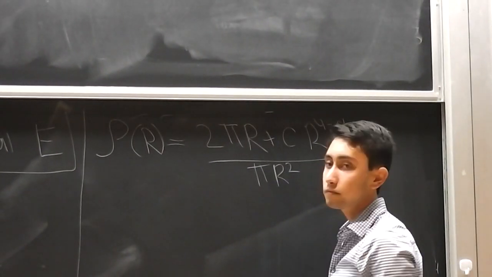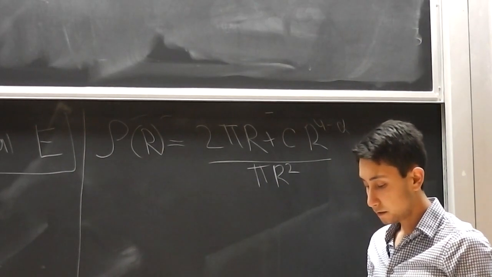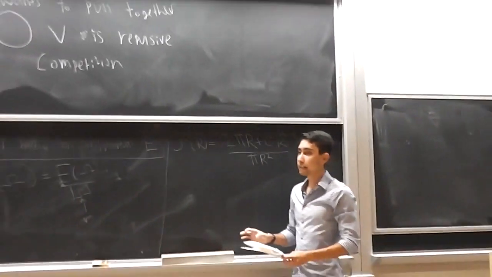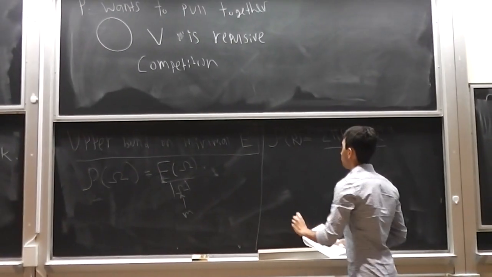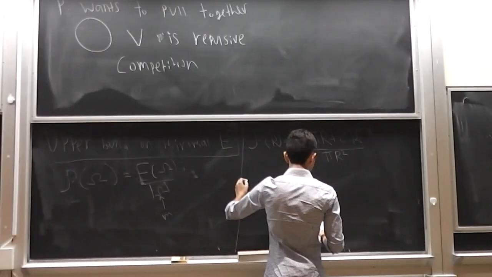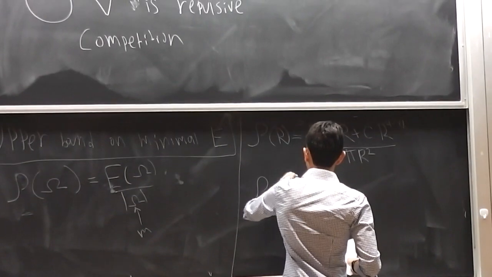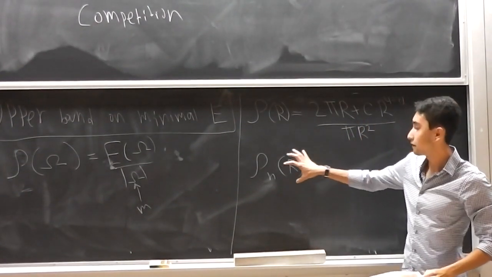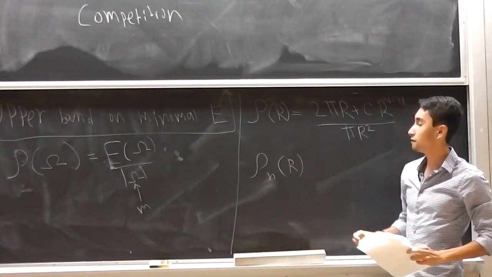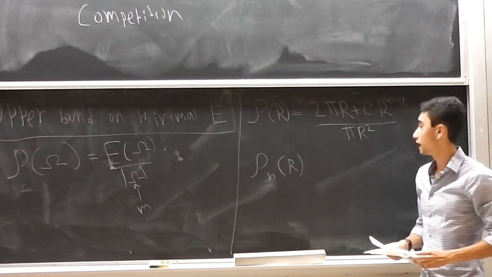Okay. So now again we can compute energy densities of, say, 2 balls. But why not? We can just do n balls. So call this the energy density of n balls of mass m divided by n.